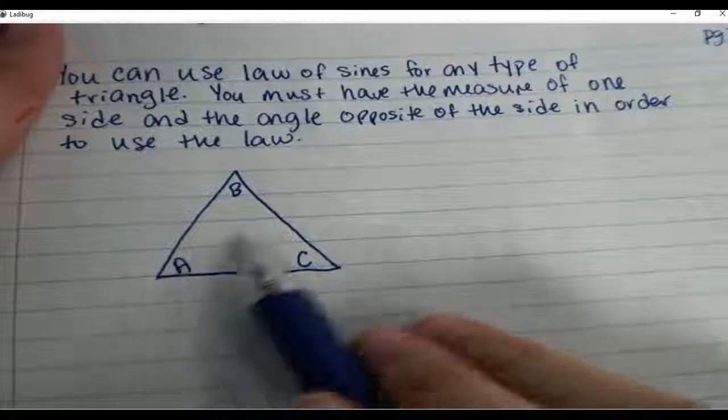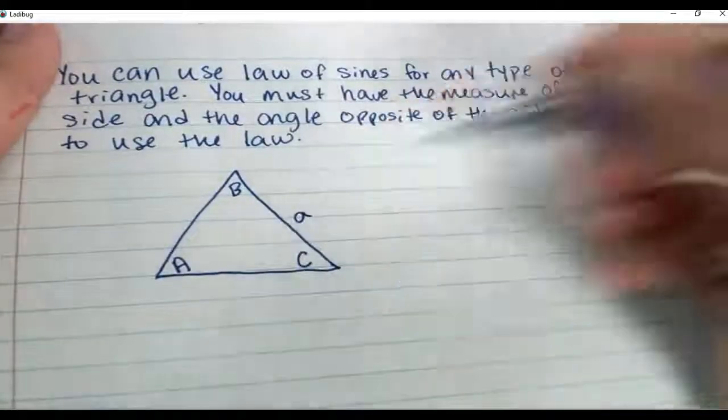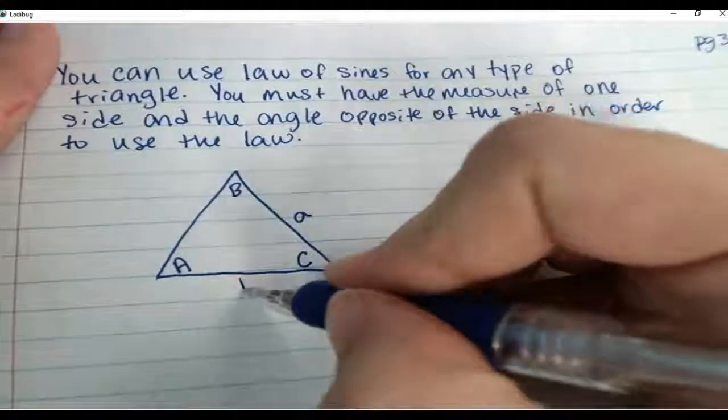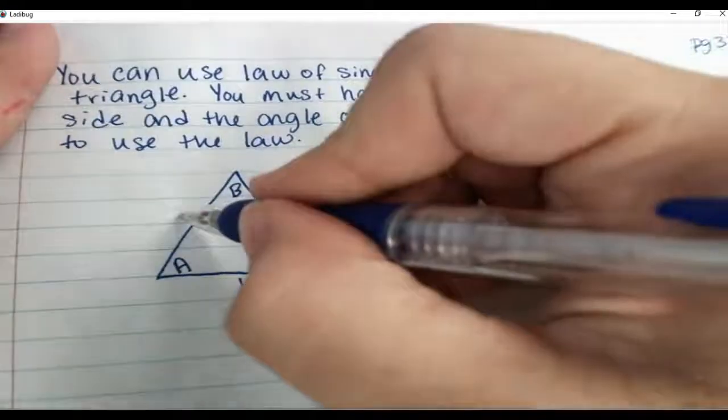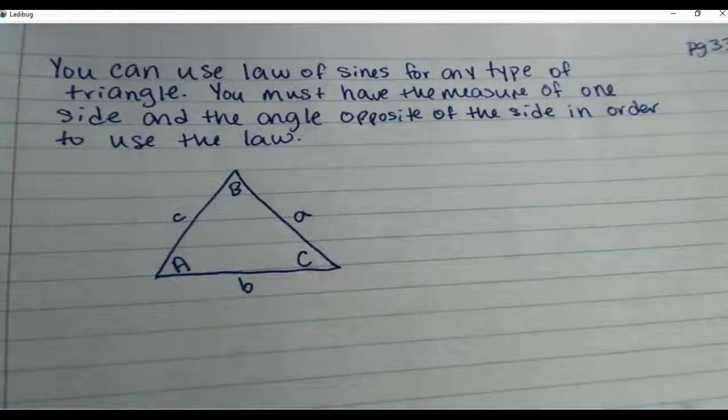If big A is here, across from it is little a. Big B is here, we got little b down here, and then big C across from it is little c.